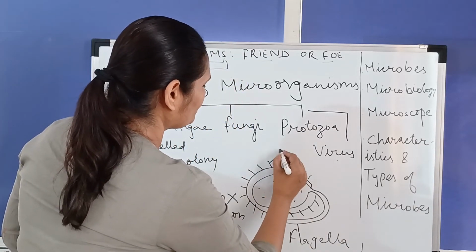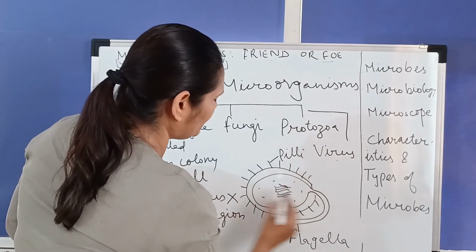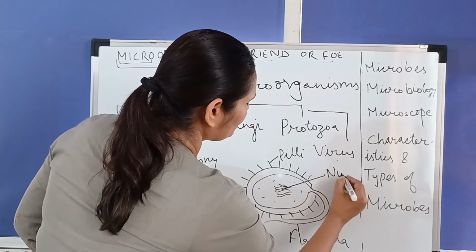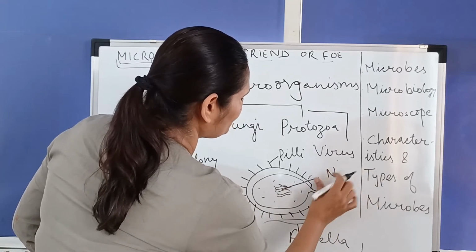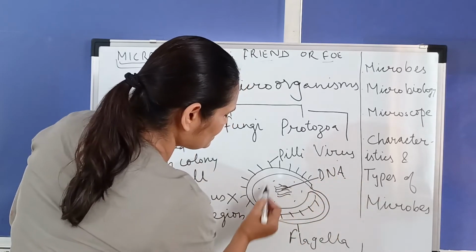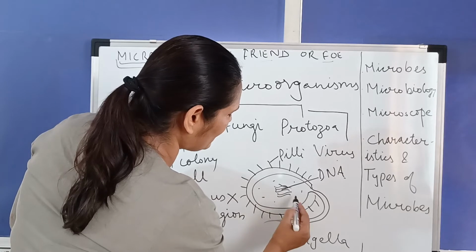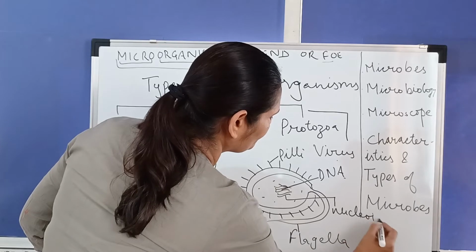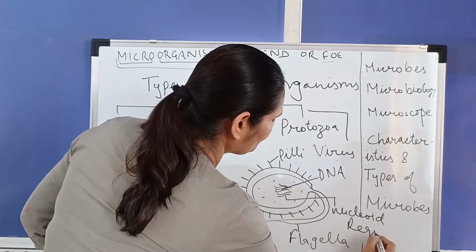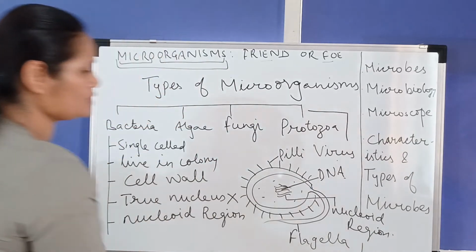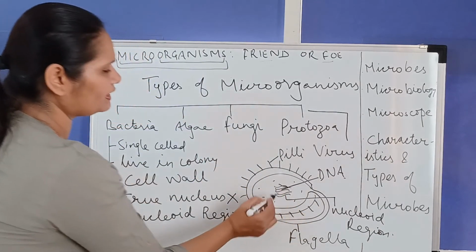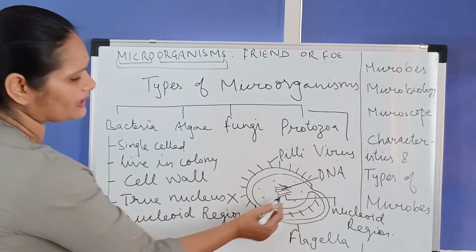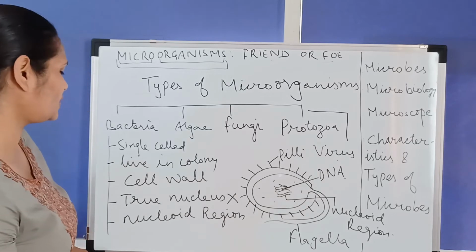These are villi, and this area, right? This is the DNA. And this region, where this DNA is scattered, is called the nucleoid region. So the bacterial cell does not contain a true nucleus, and the part where this DNA is present is called the nucleoid region.